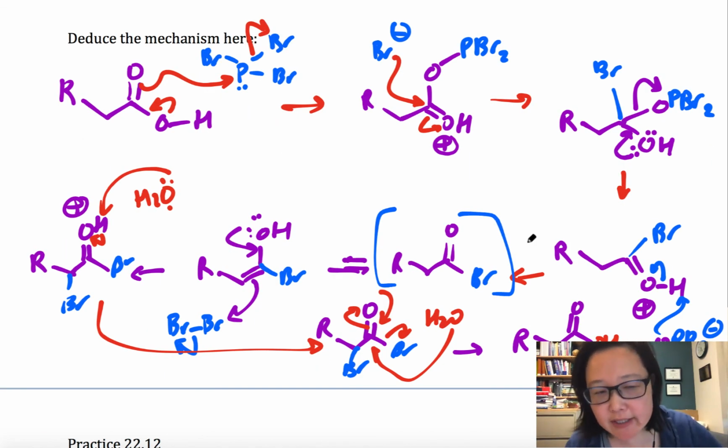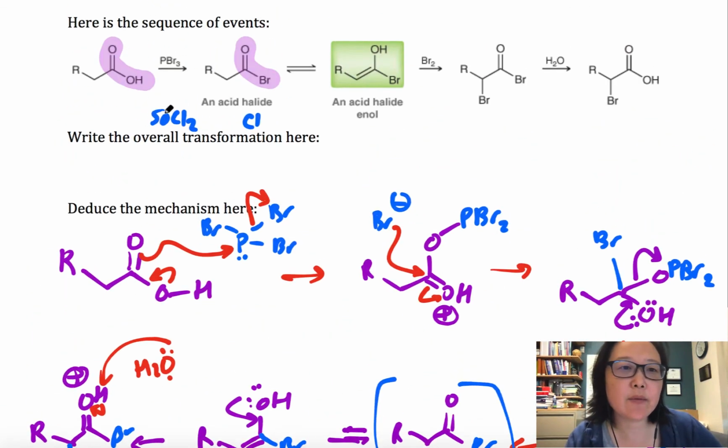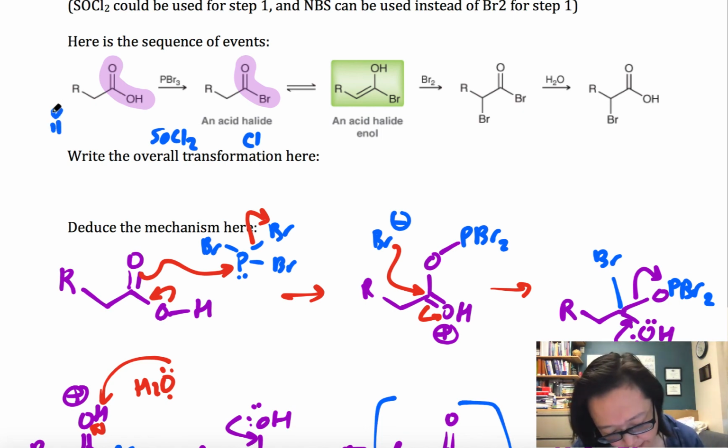In order for this reaction to work with a carboxylic acid, we had to convert it to an acid halide first. And the reason why we had to do that is because you cannot get an enol very easily from the carboxylic acid directly. In this reaction, we've been using an enol to react.